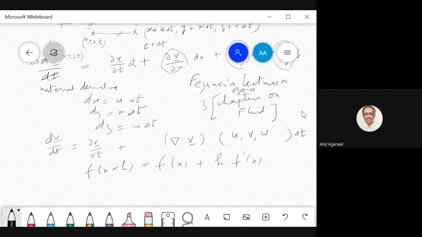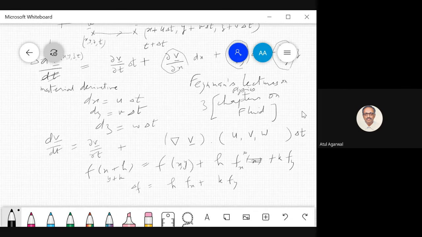If you have got multi-variables, y plus k. So this is for 2 variables. So what is your delta f? h fx plus k fy. Same thing is happening. This is your delta v. Otherwise, you cannot multiply with dx, dy, dz.